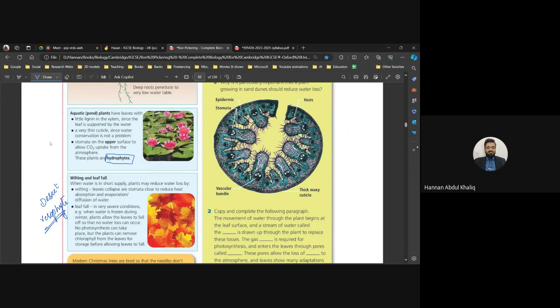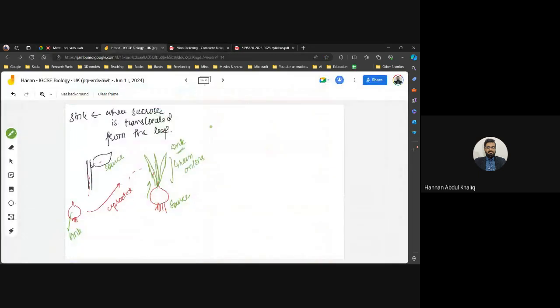And the plants in a somewhat moderate environment are called mesophytes.